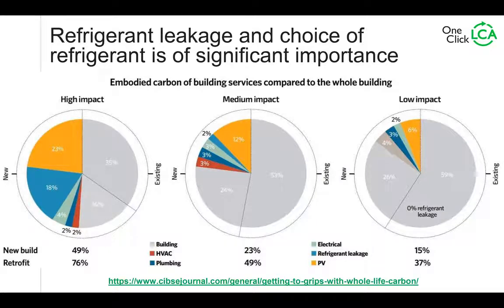So, you know, it's leaking and it's leaking, and every year it's leaking more than the embodied carbon of the installed unit's worth. More information about that can be found in the CIBSE article, and there's also a technical manual from CIBSE, which is TM65, if I remember correctly, and it provides quite detailed methodologies about these things as well.